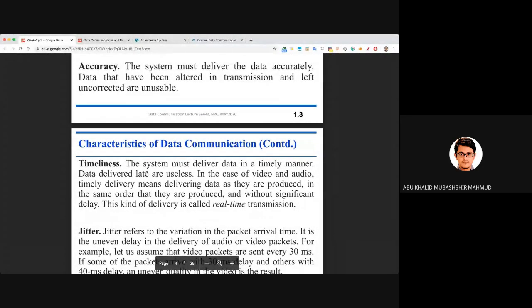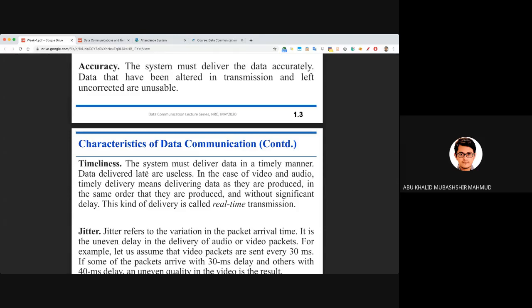What we encounter every day are the source of misinformation because the data that we intend to disperse or transmit is not the data we get. We are familiar with various kinds of rumors. It's a type of accuracy failure.